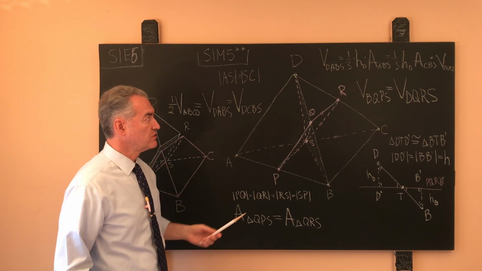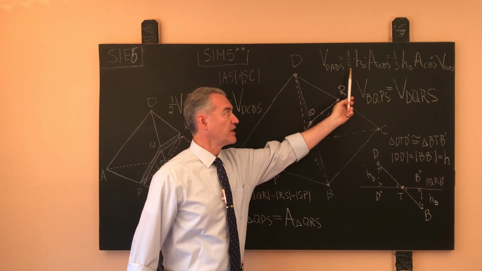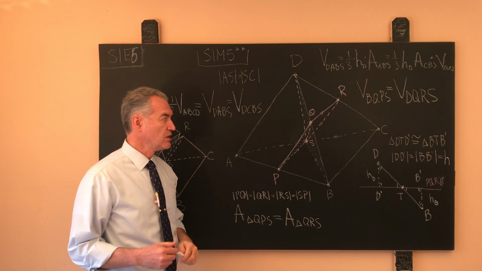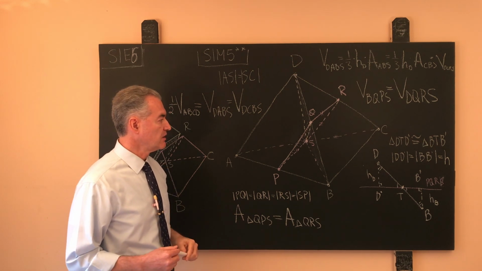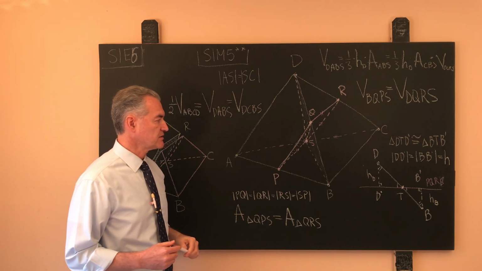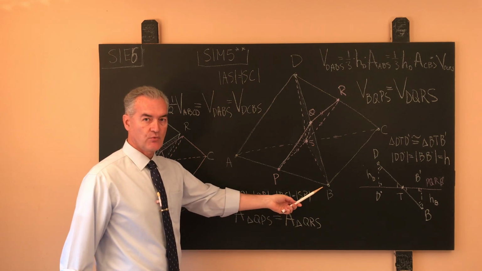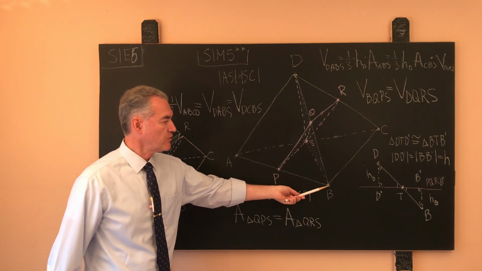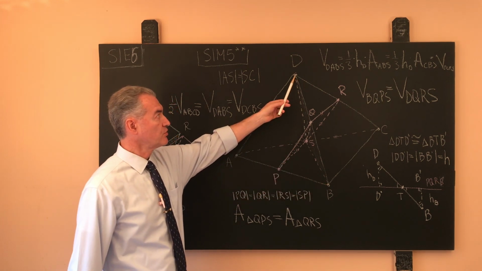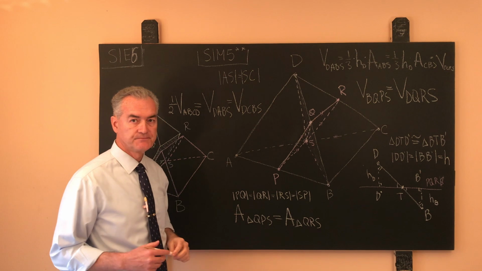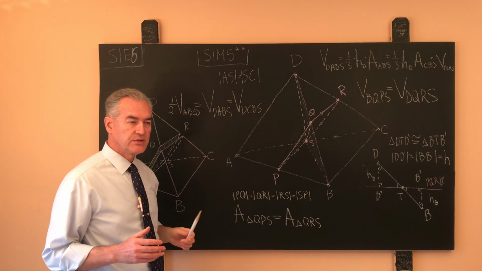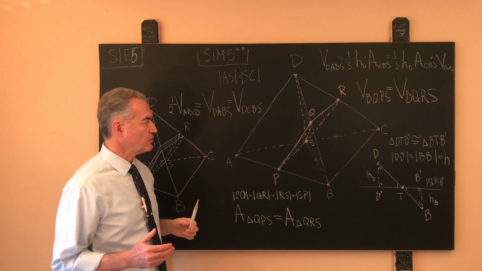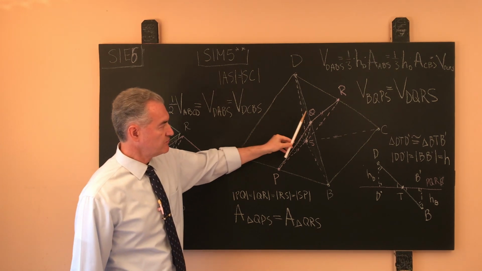Now, because we know that the volume of a tetrahedron is given as 1/3 of the product of the area of the base and the length of the height on the corresponding base, we need to investigate what can we say about the length of the heights of the smaller tetrahedrons that emanate from the vertex B and from the vertex D correspondingly. Here it is a little bit tricky to comprehend or grasp what exactly is going on in the view where the perspective is present.